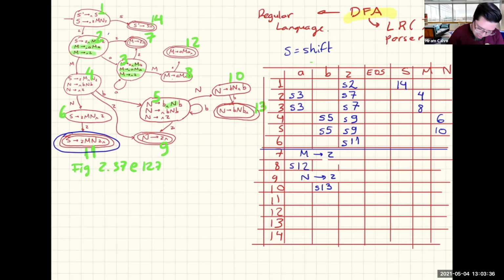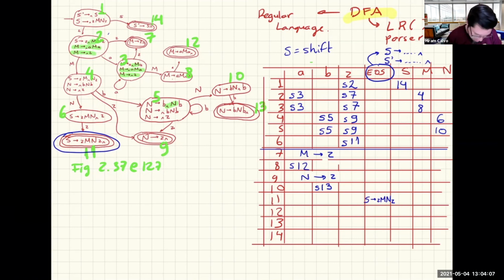So the only times we will use end of string will be whenever we have the final form of the S original string, or whenever we have the final form of the S prime rule. So in this case, we have the S, and we will write here in state 11, when we reach this one, we will substitute S for Z, M, and Z. Sorry, I invaded a bit the other column.